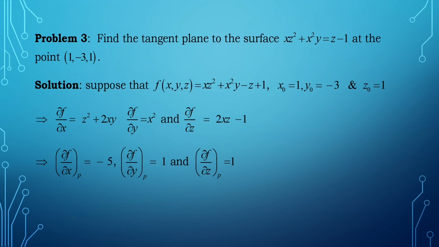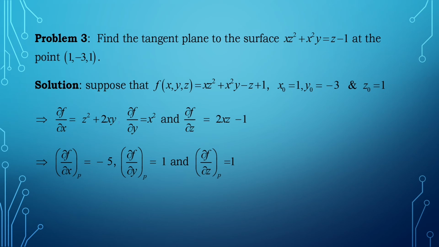To find out the tangent plane to the given surface at the given point, first let us consider f of x comma y comma z equals xz square plus x square y minus z plus 1. This is our given surface. Let the given point P be 1 comma minus 3 comma 1. Suppose that x naught equals 1, y naught equals minus 3 and z naught equals 1.